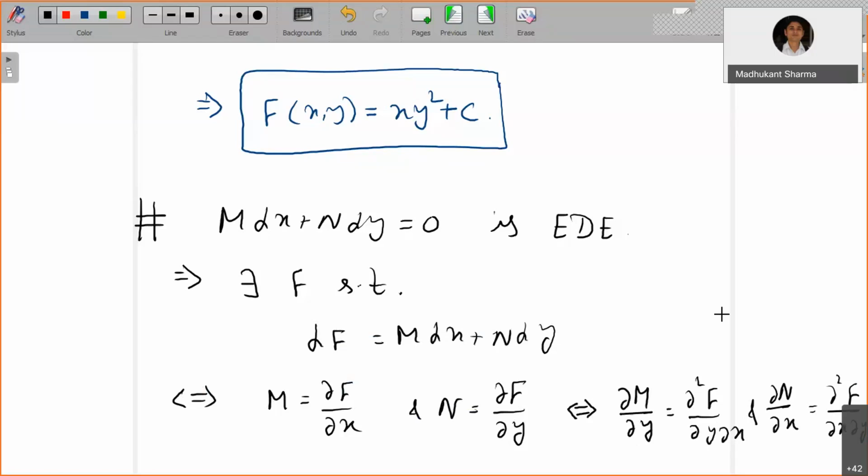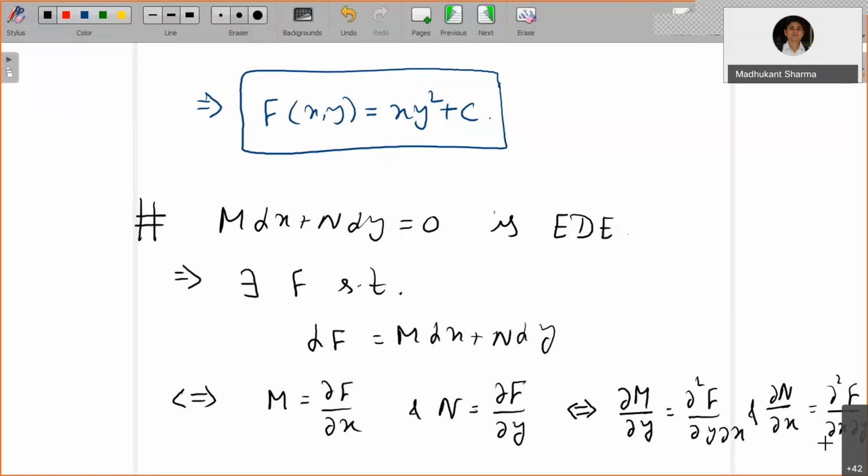So now you can see the right side in each part is the same: ∂²F/∂y∂x and ∂²F/∂x∂y. It means first you are differentiating partially with respect to x, then with respect to y, or first with respect to y and then with respect to x.